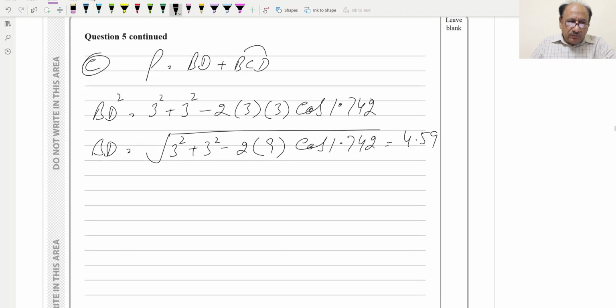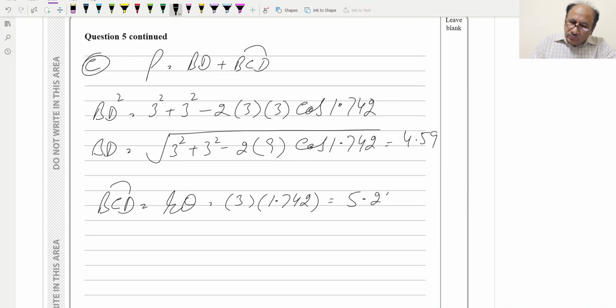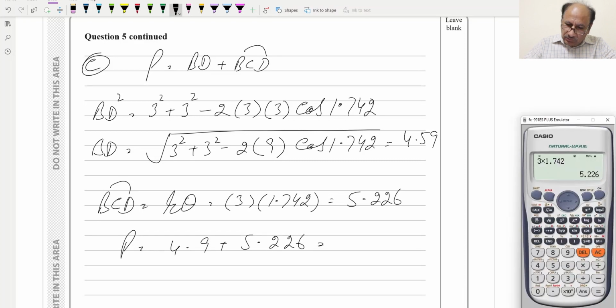After finding BD, our task is to find the arc BCD. The arc BCD is equal to r theta, where r is 3 and theta is 1.742, so 3 multiplied by 1.742 results in 5.226. Now the perimeter will be 5.226 plus 4.9.